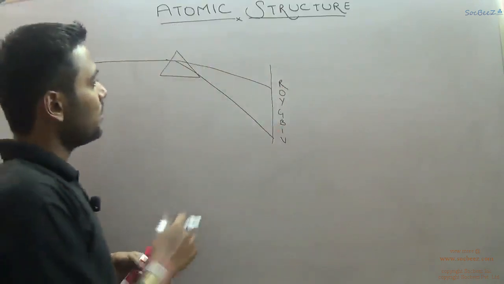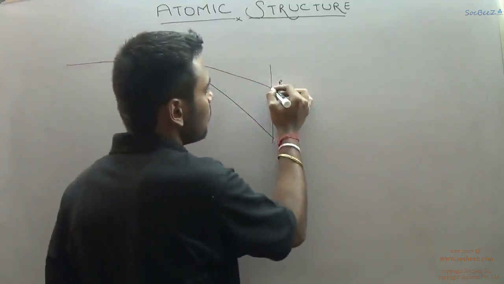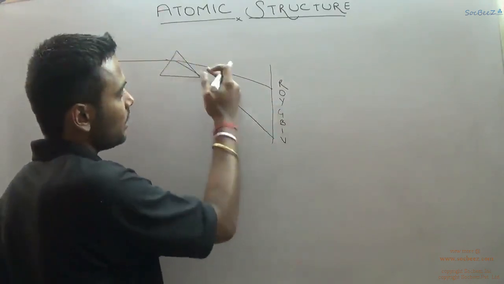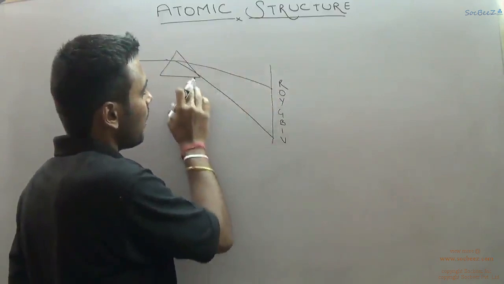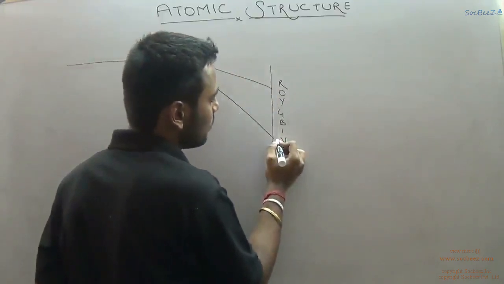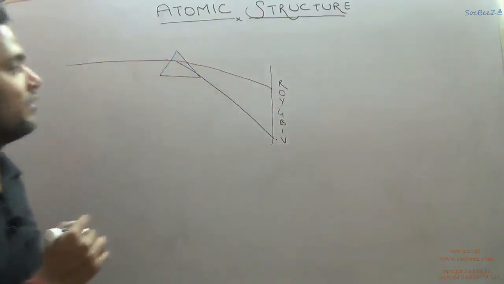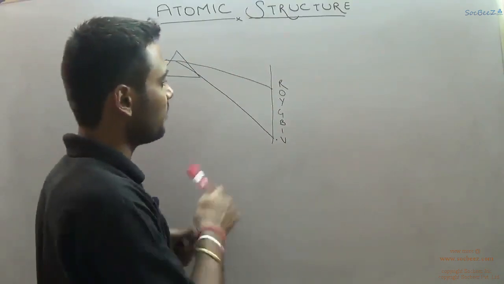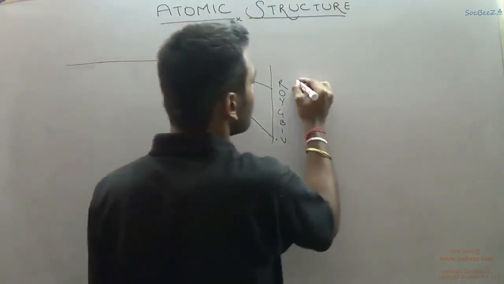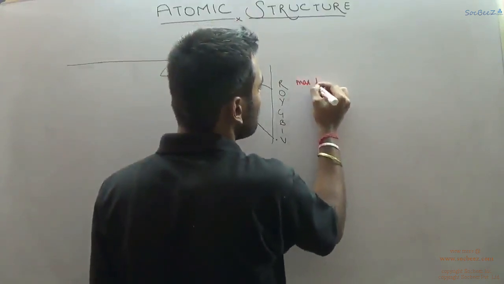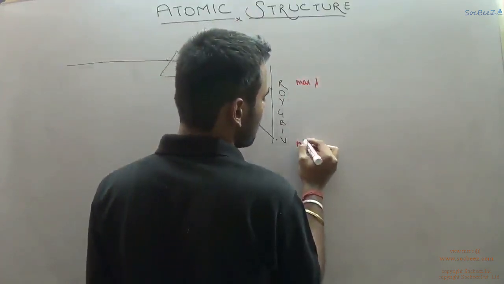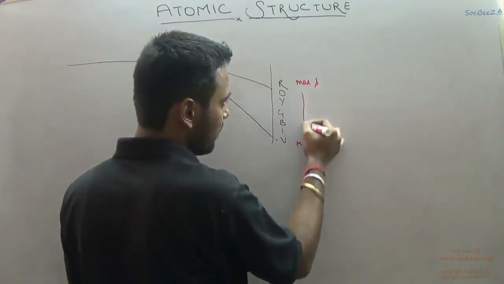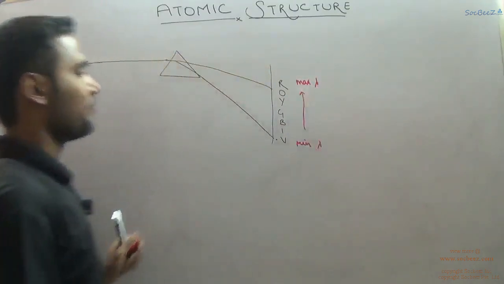Here this portion has the maximum wavelength, and because of this it bends very little, and this portion has the minimum wavelength, so it bends very much. So wavelength increases in this manner.